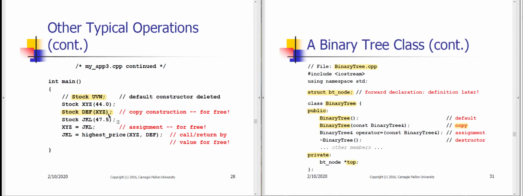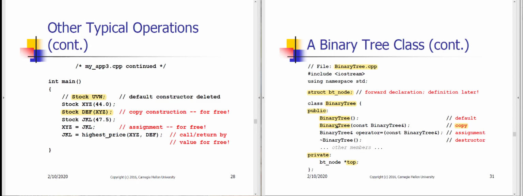This statement here is an instance of copy construction. We are creating a new stock object DEF, and we've indicated that we want DEF to be a copy of XYZ. We similarly want to be able to say things like binary tree, tree2, is initially a copy of tree1. And that is the situation that this copy constructor is designed to handle.